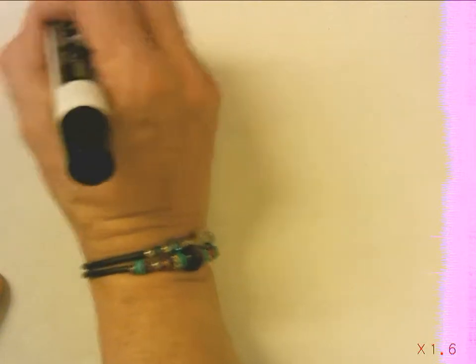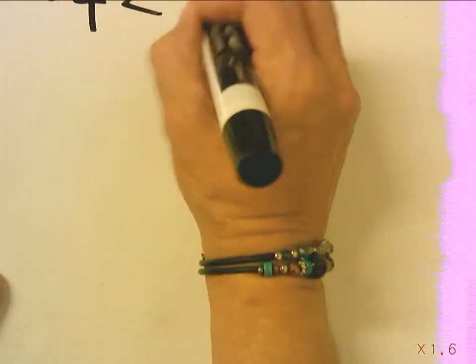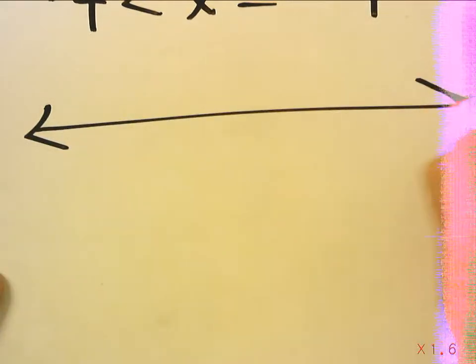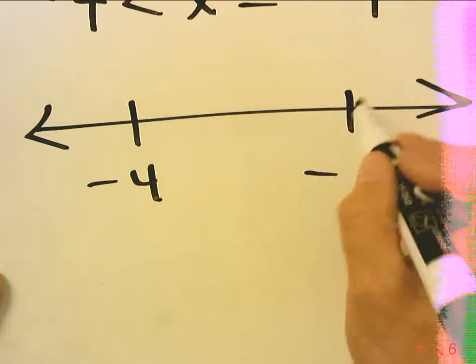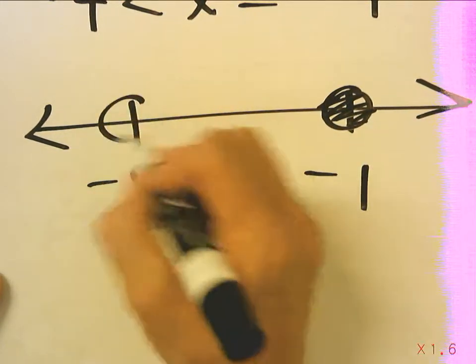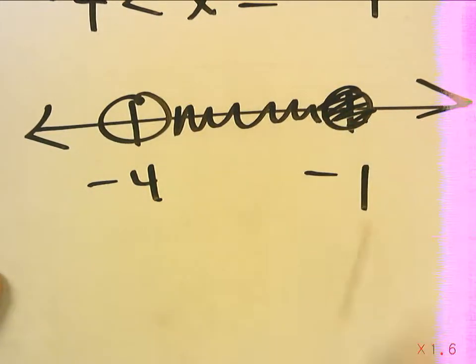But first, number 1 simplifies to -4 is less than x, which is less than or equal to -1. So if I was to graph that, I have -4, -1, this is filled in, this is open, everything in between.